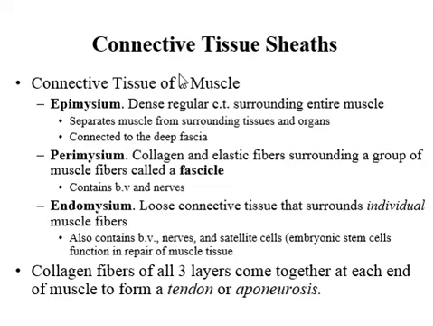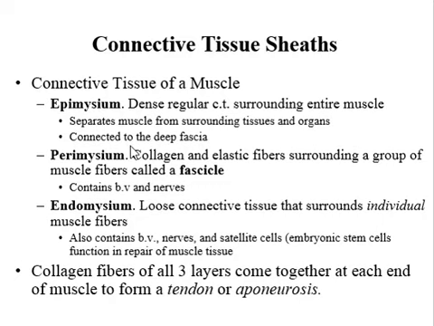The first one is the epimysium. First of all, the muscle mass is separated from the neighboring tissue by a thick fibrous tissue layer called the fascia. Just beneath the fascia, the muscle is covered by a connective tissue sheath called the epimysium.